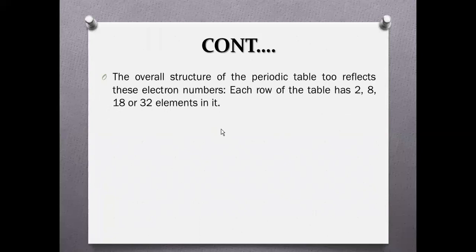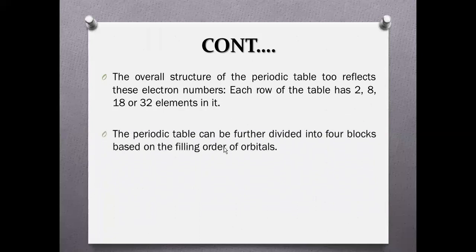Therefore, the overall structure of the periodic table reflects these electron numbers. Each row of the table has 2, 8, 18 or 32 elements. These periodic numbers also explain the overall structure of the elements at the electron level.